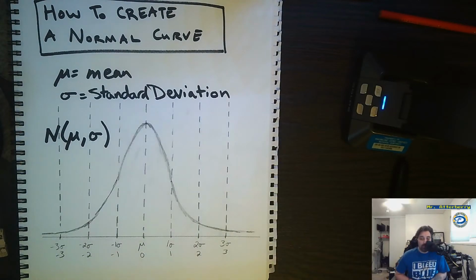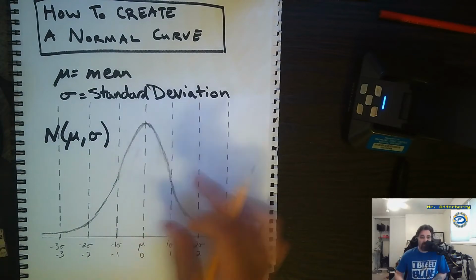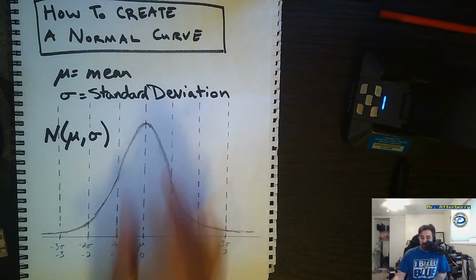And the last thing we're going to do is add the 68, 95, and 99.7 on our graph to show that we know how much percentage of data is between each one of these spaces.